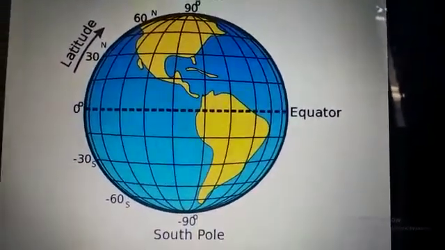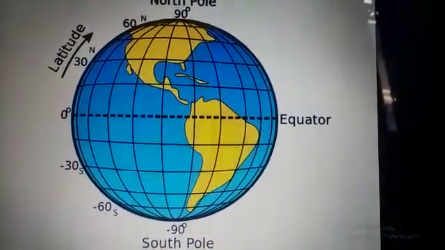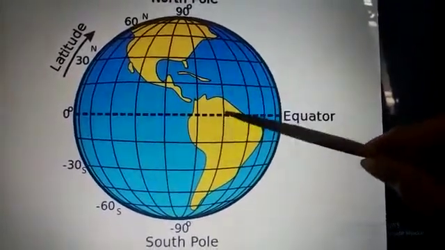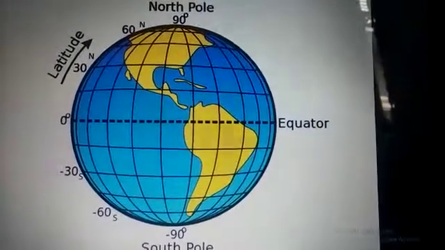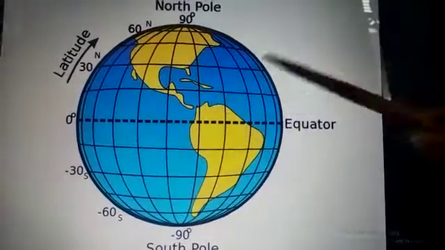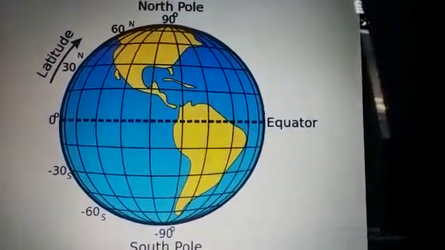Is it clear? Why are they called parallels? Because these lines do not intersect each other. That's why they are known as parallels or lines of latitude.